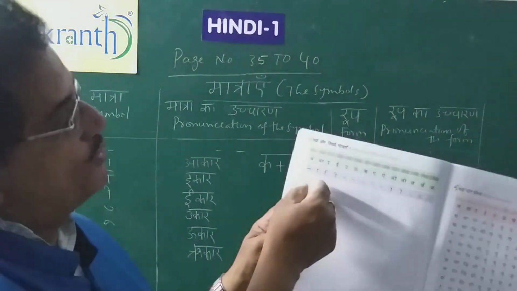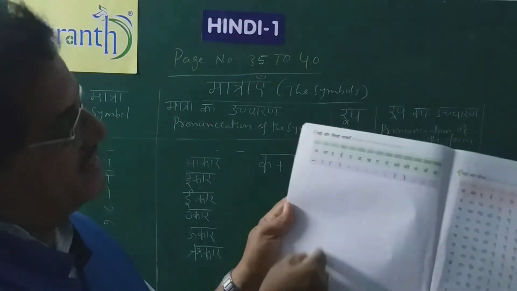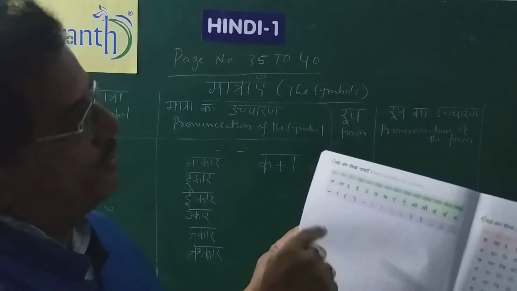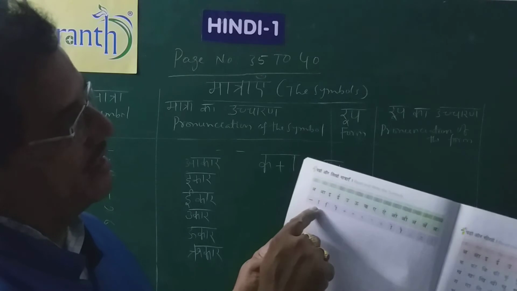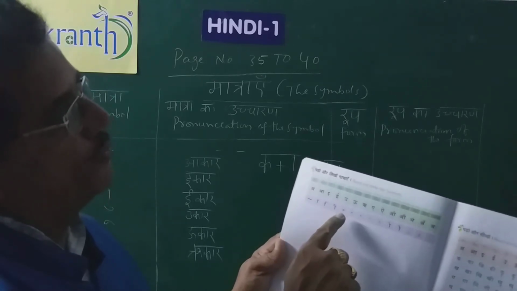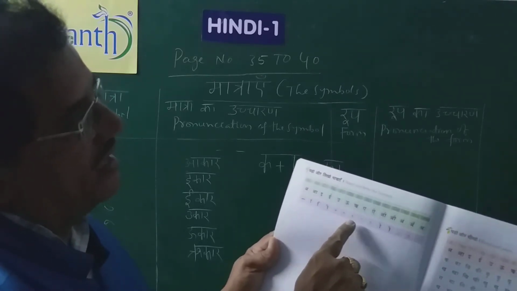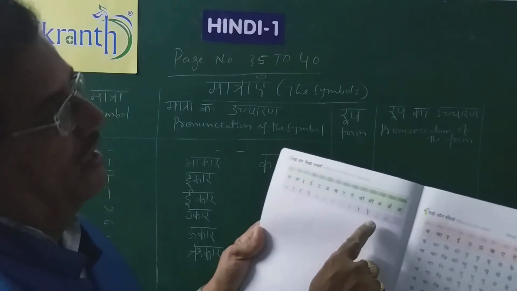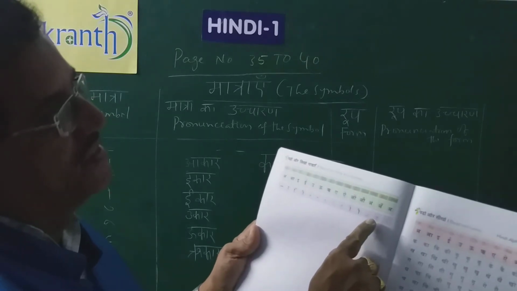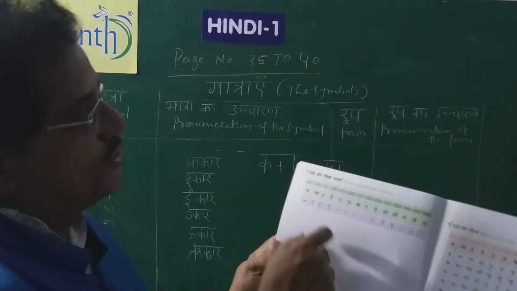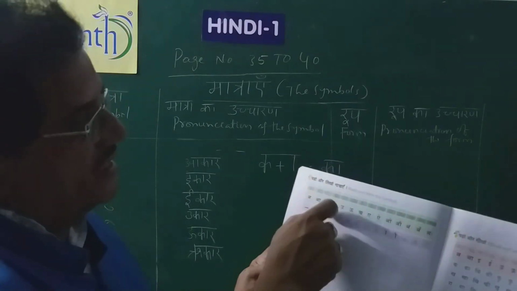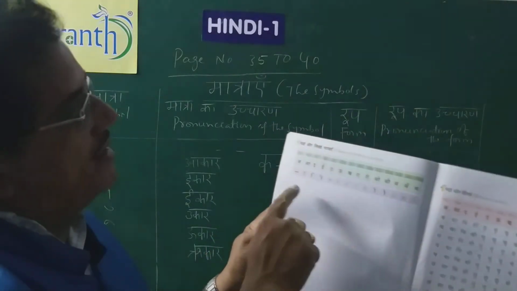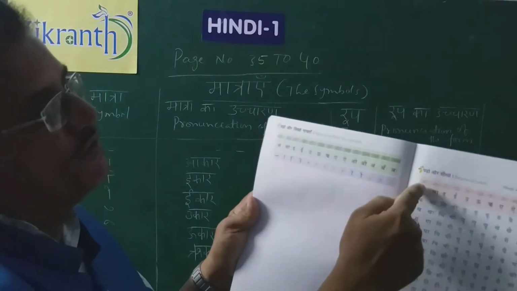When you practice writing these symbols in these boxes, under each box, reading Akar, Ikar, Ikar, Ukar, Ukar, Rikar, Ekar, Aikar, Okar, Aukar, Anuswar, Chandrabindu, Visarga, these Barakhadi are formed by adding these symbols to the consonants like this.